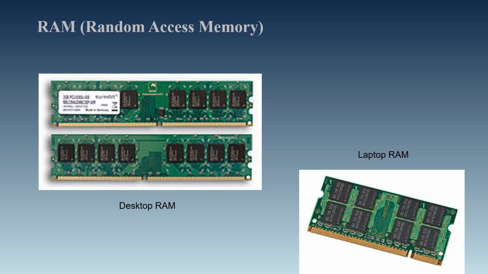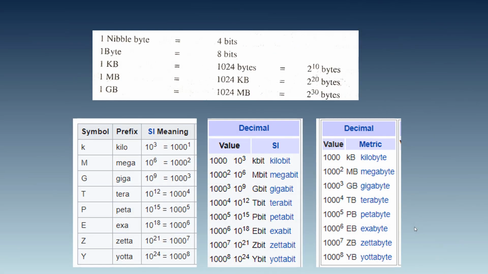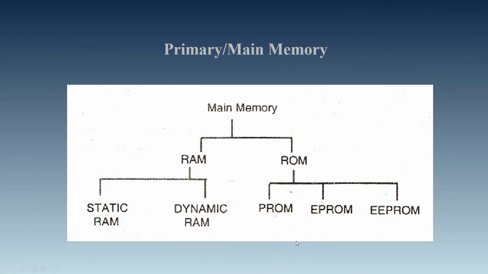This is the random access memory. Left one is for desktop systems and right one is for the laptop systems. And we use generally dynamic RAM. SRAM was the primitive technology. In case of ROM, read-only memory, there is programmable read-only memory, electrically programmable read-only memory, electrically erasable programmable read-only memory.